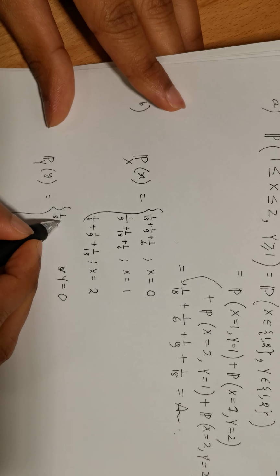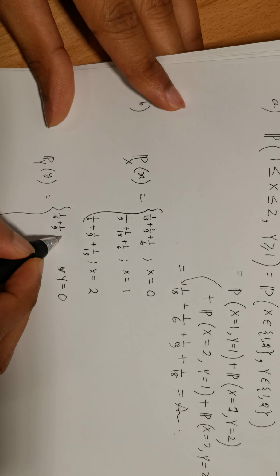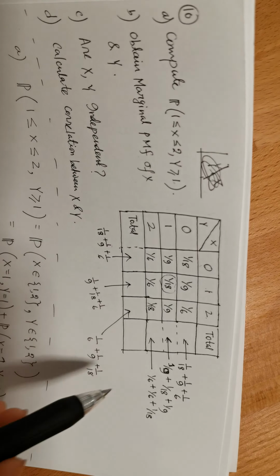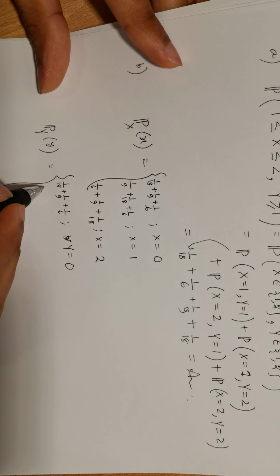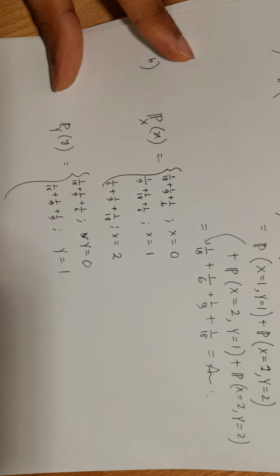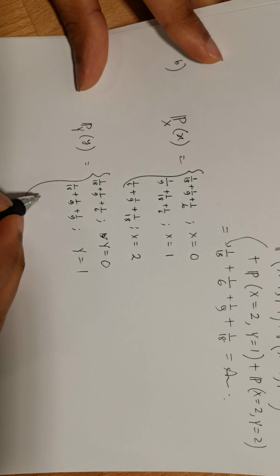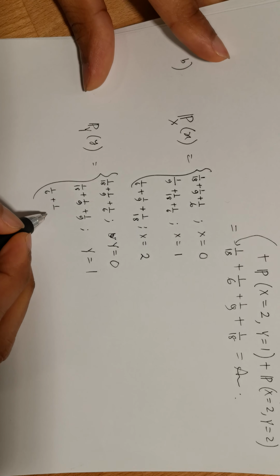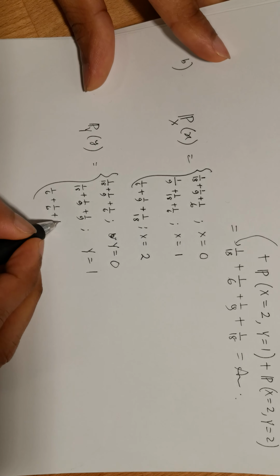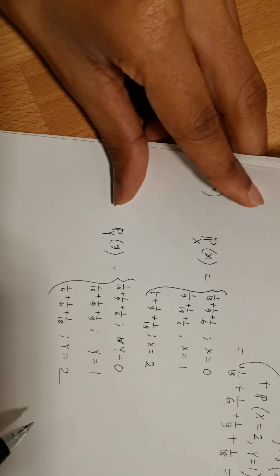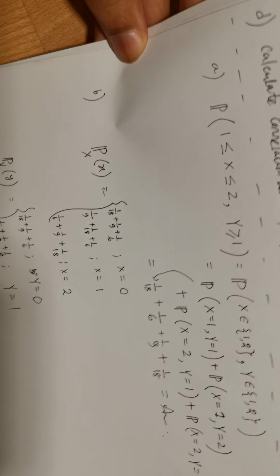And for 1, this sum: 1 over 18 plus 1 over 9 plus 1 over 9. And for y equal to 2, 1 over 6 plus 1 over 6 plus 1 over 18. That's it. So these are the probability mass functions for x and y.